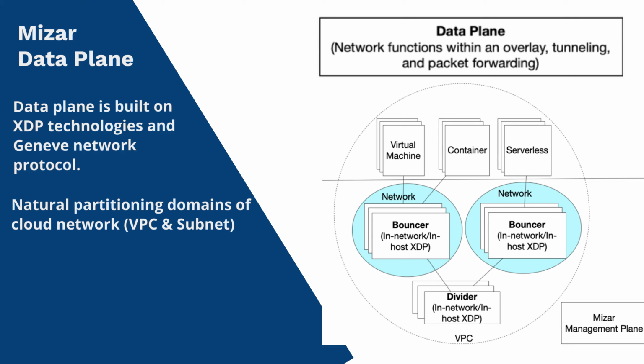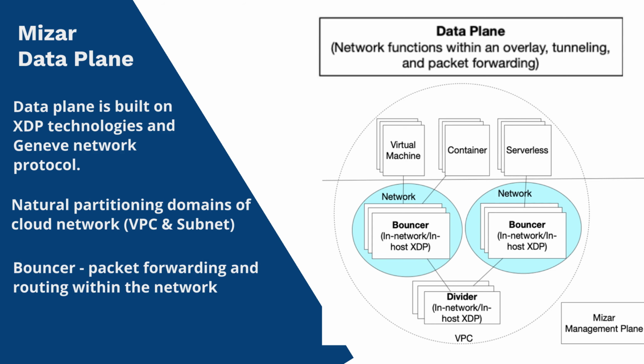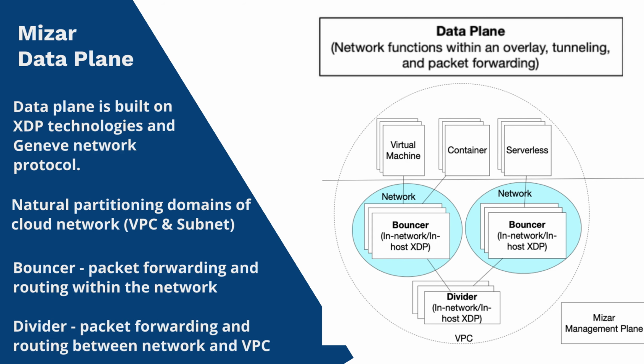Bouncer is responsible for packet forwarding and routing within the network. Divider is responsible for packet forwarding and routing between the network and VPC. Bouncers and dividers are in-network and horizontally scalable hash tables. The management plane populates the bouncers and dividers tables according to network domain partitioning.